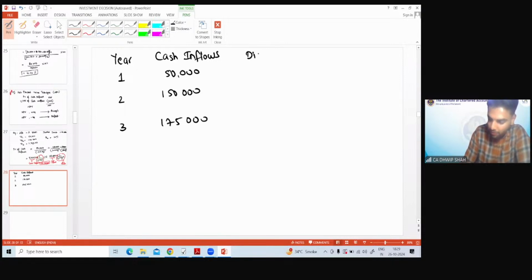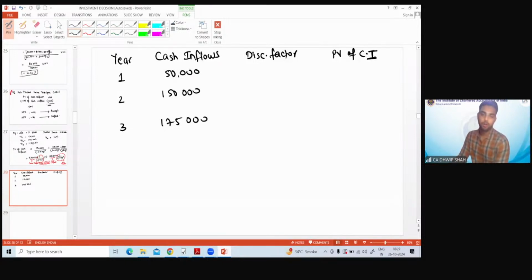The third column will be for discounting factor. And the fourth column would be for present value of cash inflows. CI is nothing but cash inflows. Okay? From now onwards, I will write everything in short. We will use short abbreviations to save our time. And discounting factor at 10%, since our KO is 10%. So in many of the questions, they would provide you with this discounting factor.